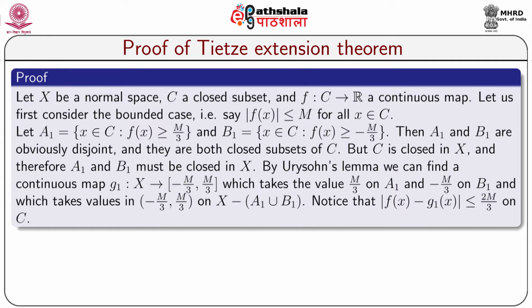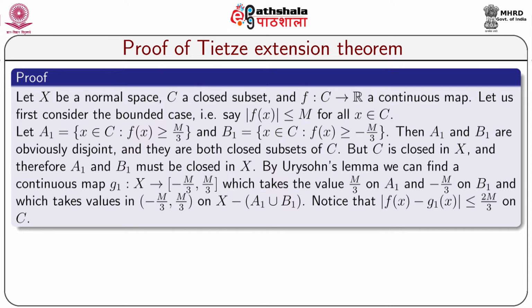Let X be the given normal space and C be a closed subset, and let f from C to R be a continuous map. Let us first consider the case where f is bounded. We shall handle the general case separately. Since f is bounded, there exists some positive number m such that the modulus of f(x) is less than or equal to m for all x belonging to C.